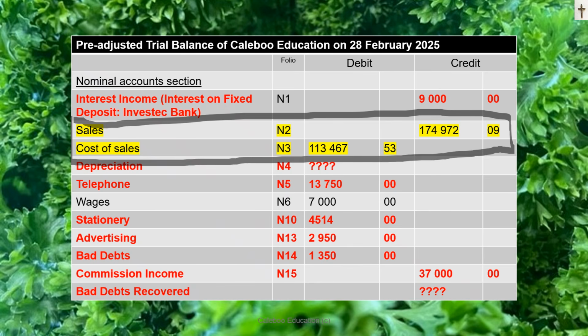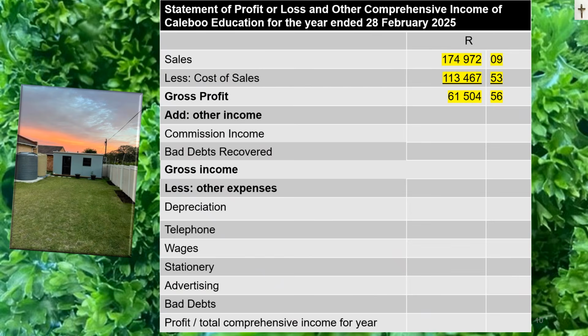I've highlighted in yellow what I'm working on. So if I go to the income statement, I've gone and filled in a template, because I know what goes into an income statement. Sales less cost of sales is gross profit.